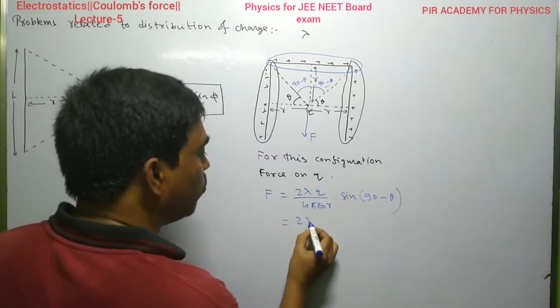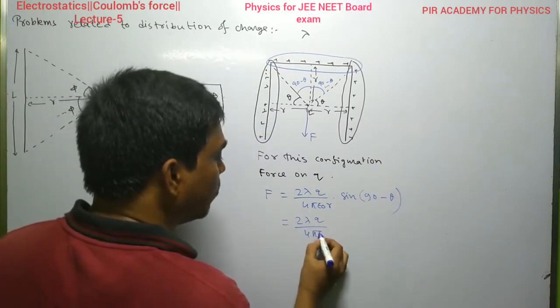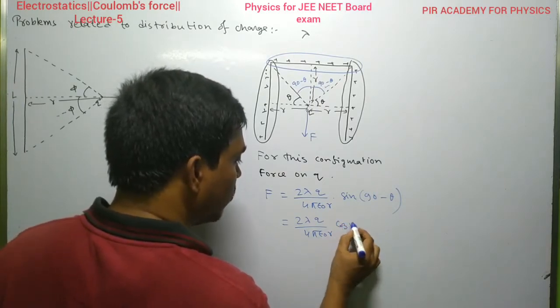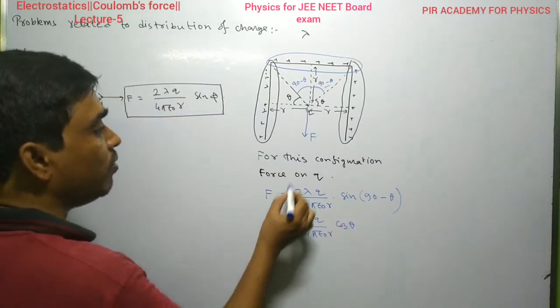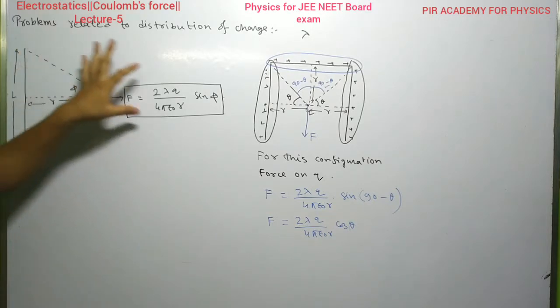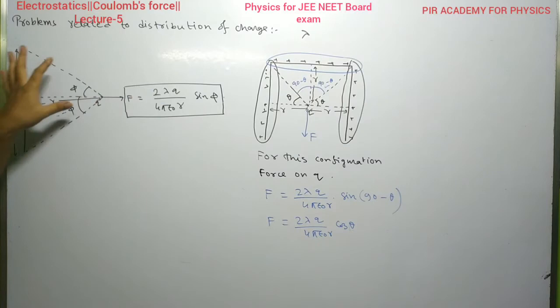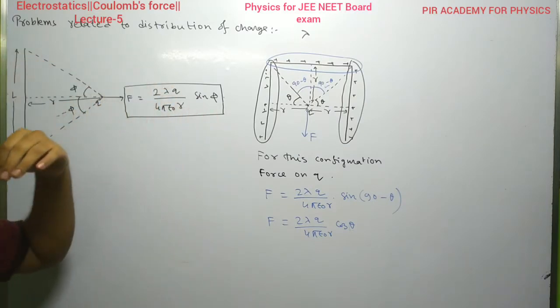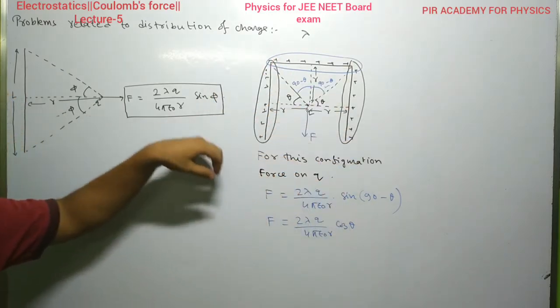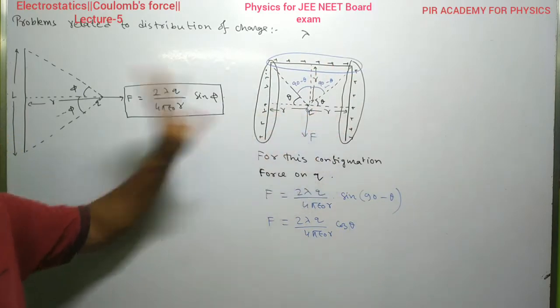So it will be 2 lambda q by 4 pi epsilon naught r into cos theta. You have to memorize this concept, and then you can apply it to any problem related to charge distribution.